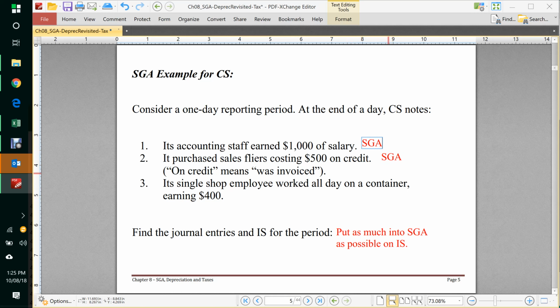I think that could go into SG&A too. A single shop employee worked all day on a container, earning $400. That, as we know, is definitely inventory, no expense associated. Okay, no expense associated with this yet.